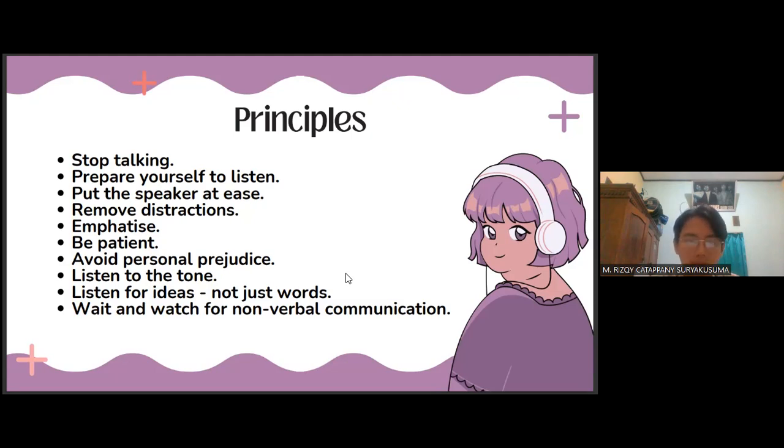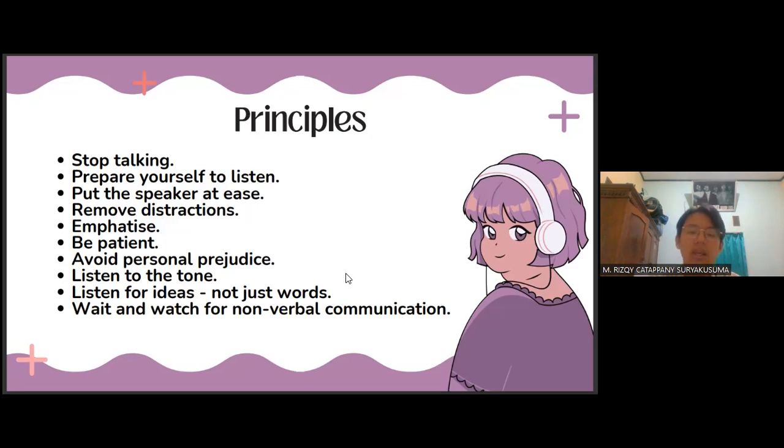We have to prepare ourselves to listen so that we can listen to the material really well, so that we don't have to repeat it 3-4 times. So 1-2 times is enough, so that we don't take up so much time.